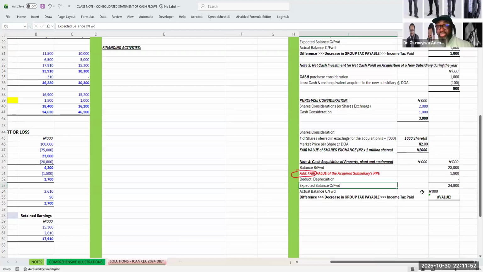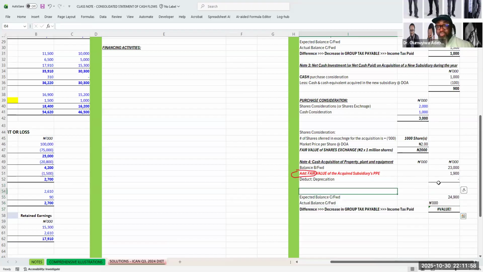If there's revaluation, we'll have added revaluation gains, and so on.